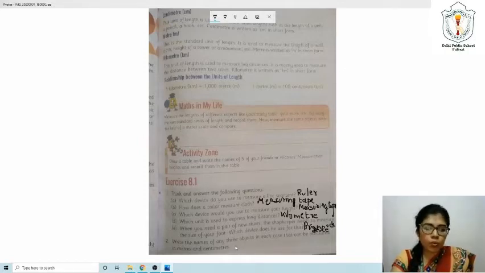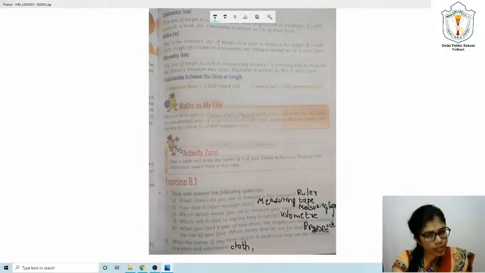So one I'm writing: cloth. Now the rest two, you can write anything that you want. It can be a pencil or a pen or an eraser. Anything that you can measure in meters and centimeters. Please keep it in your mind. It has to be in meters or centimeters.